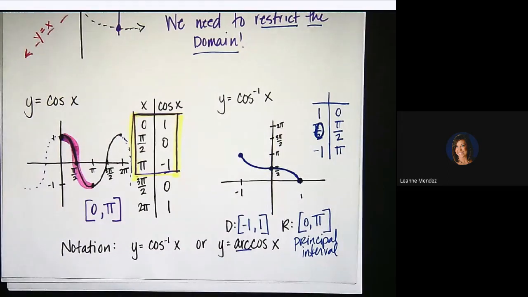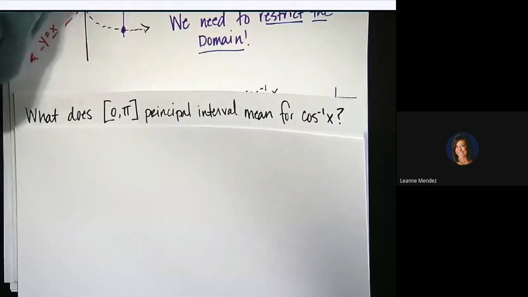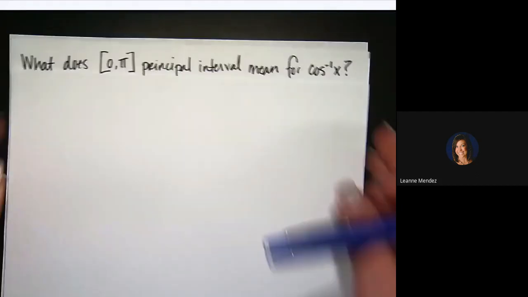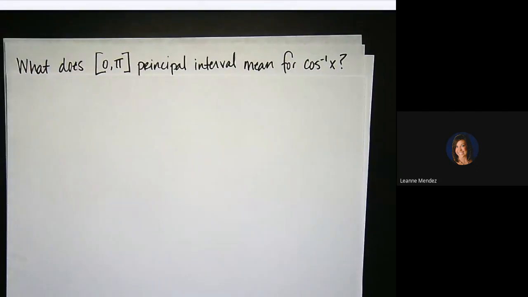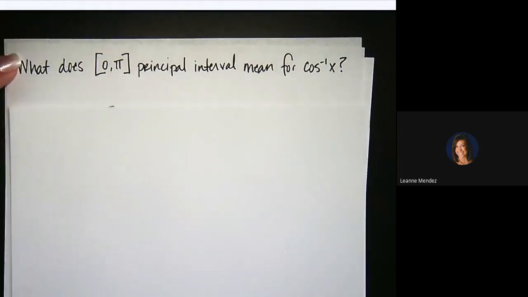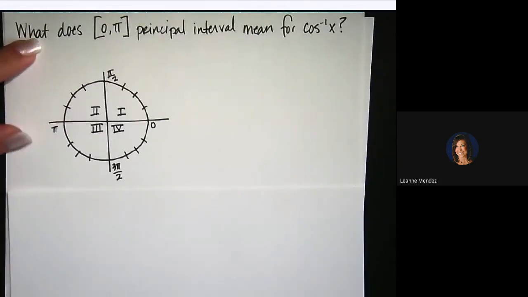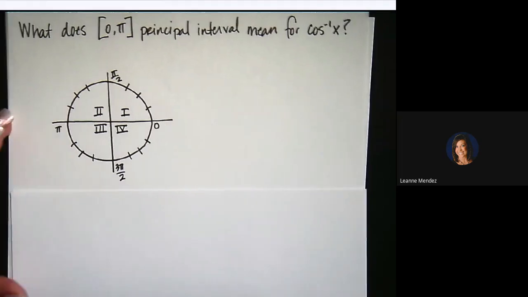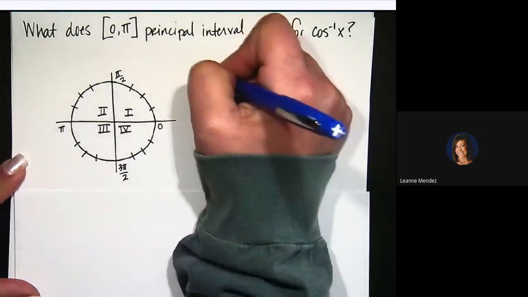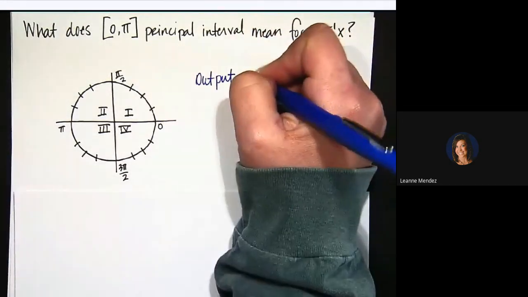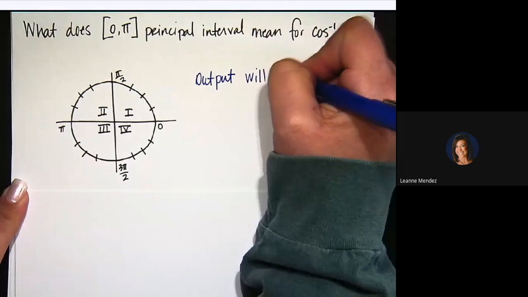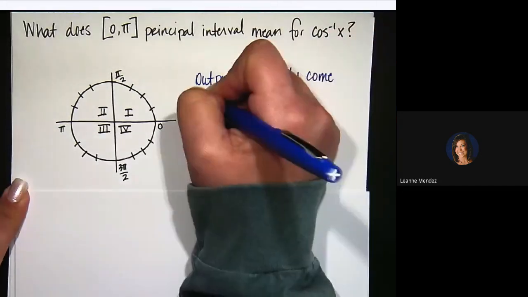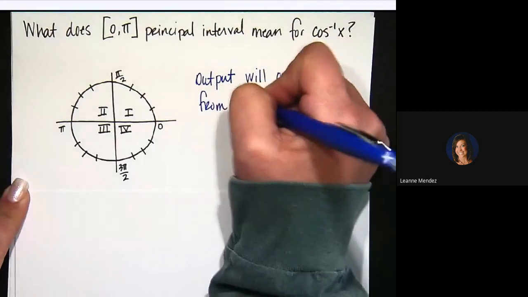So let's explore what this principal interval means. What does 0 to pi principal interval mean for cosine inverse of x? Well, let's take our unit circle. So I've got a sketch of my unit circle. I've got all my special angles marked. I've got my quadrants marked. What this means is that the output will only come from 0 and pi.